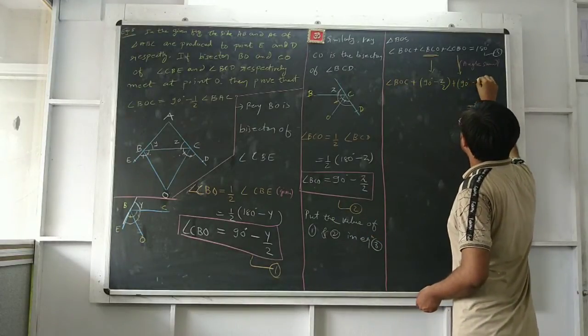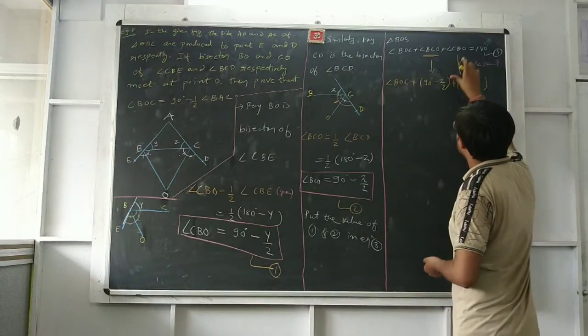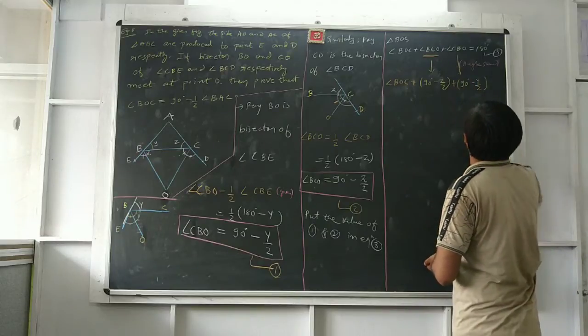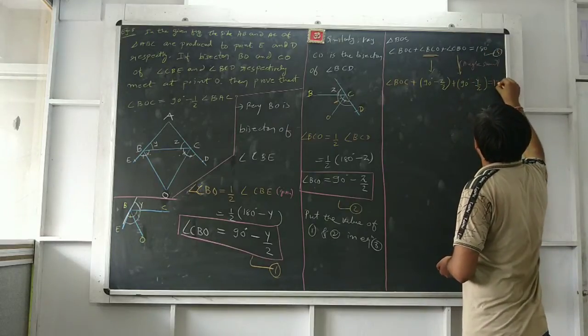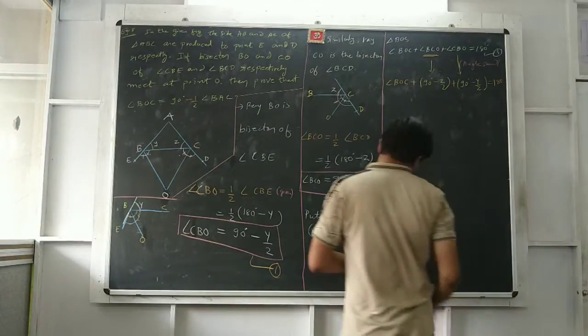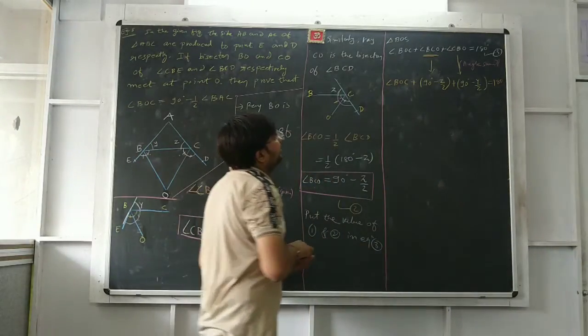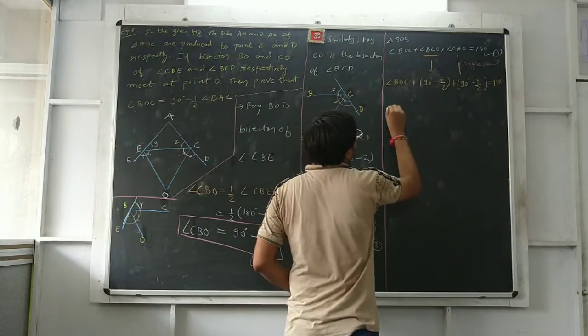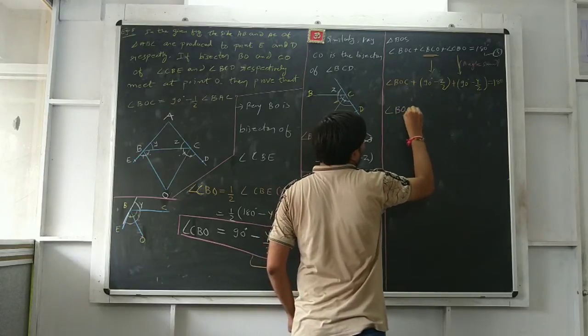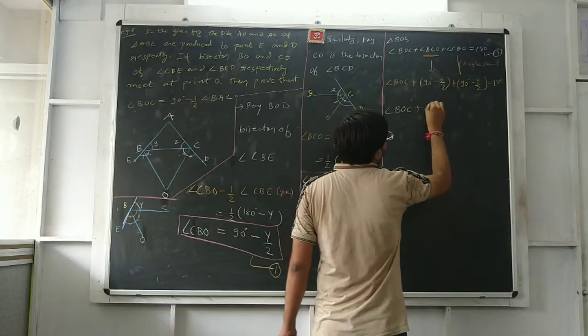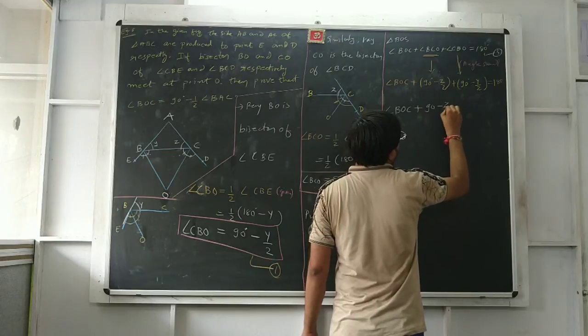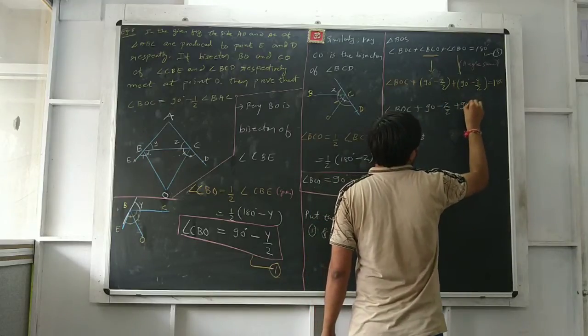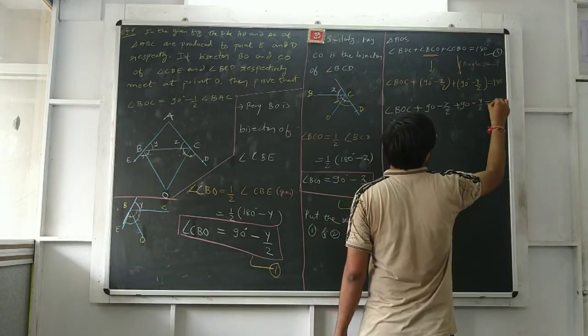Is equal to 180. So now I can write BOC as it is, plus 90 minus z by 2 plus 90 minus y by 2 is equal to 180.